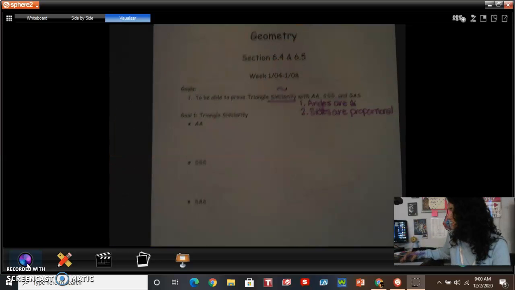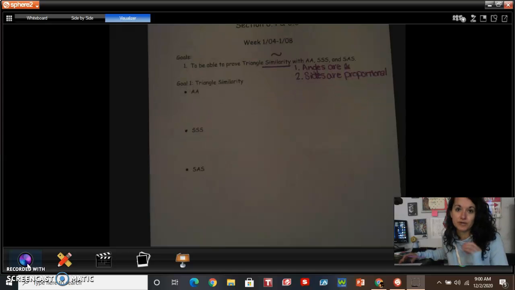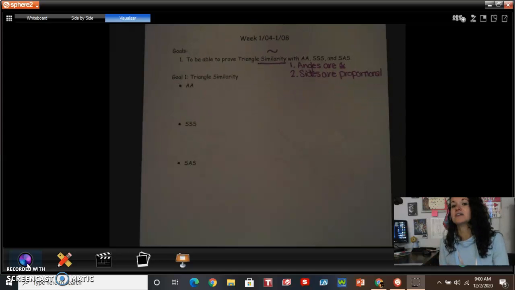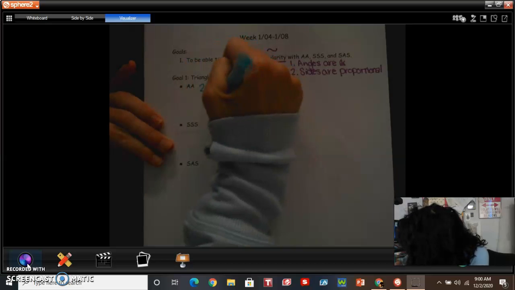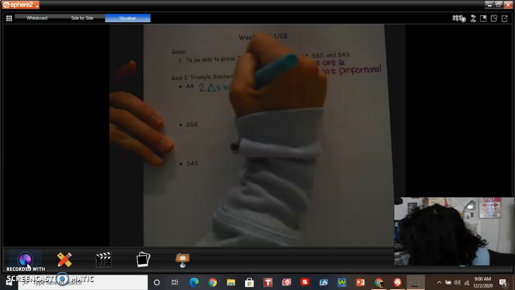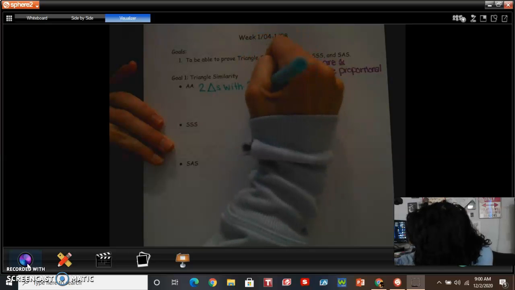So now let's discuss the three ways to prove triangle similarity. First one we have is angle. This is when you have two triangles with two corresponding angles.